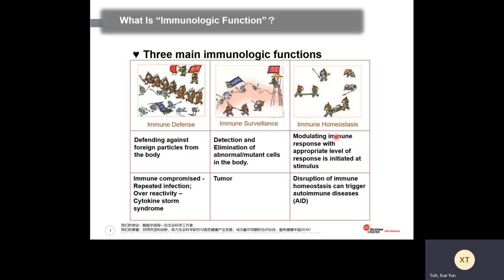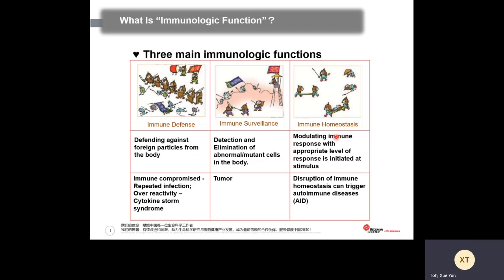When immune defense fails, we will be immunocompromised and thus have a higher risk of repeated infections. Overreactivity of an immune defense can also lead to cytokine storm, which we do see in some COVID-19 cases.